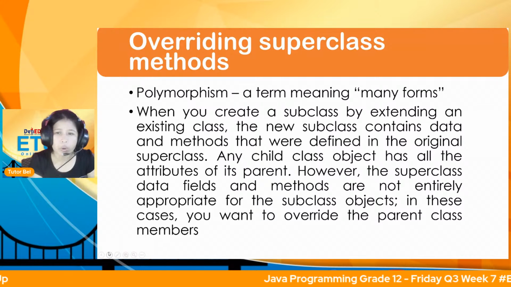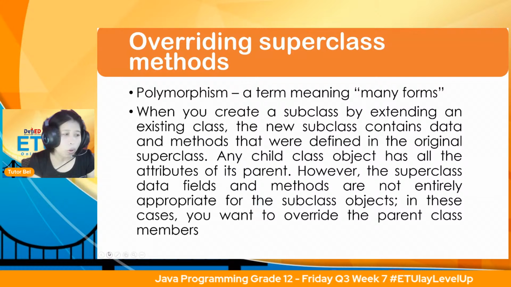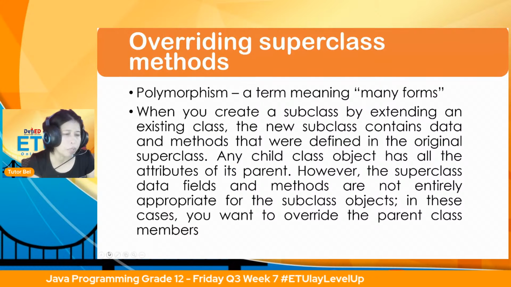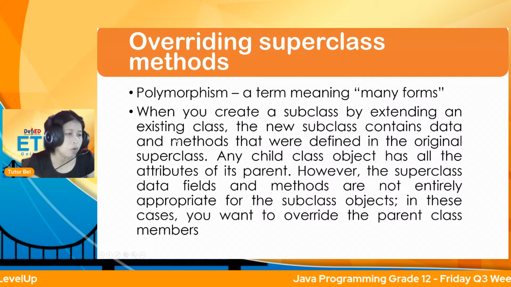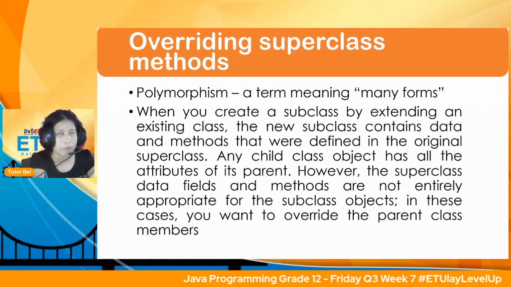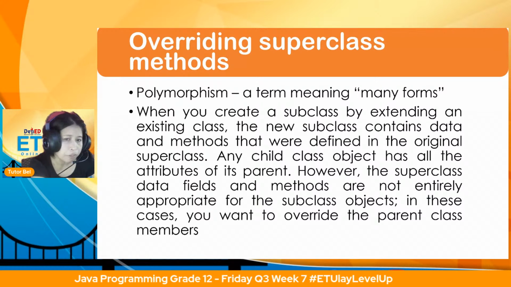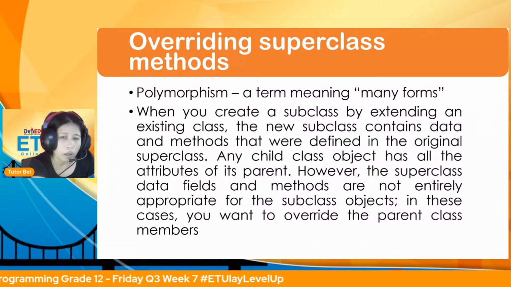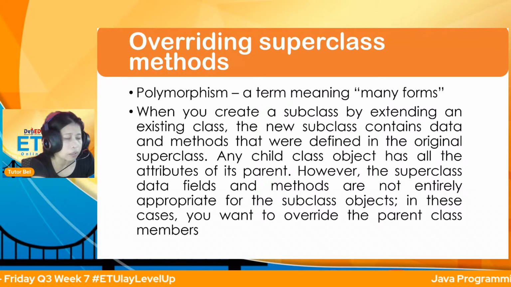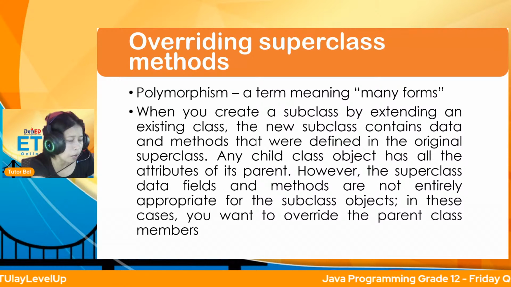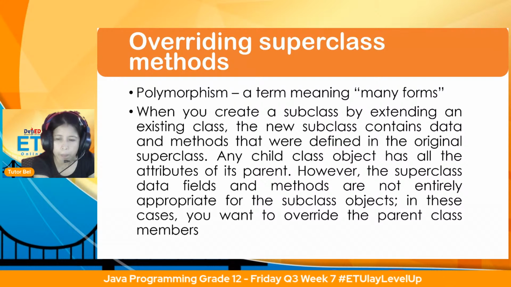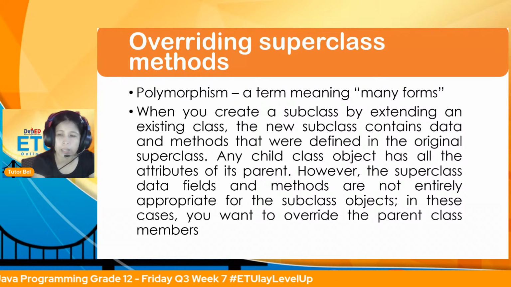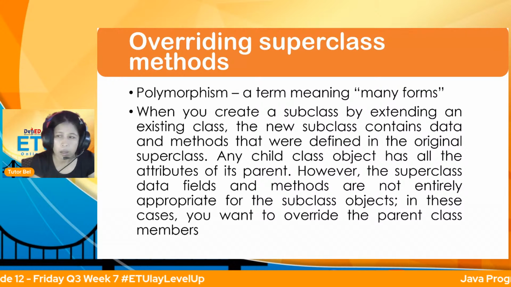We have this so-called polymorphism, a term meaning many forms. With polymorphism, you can choose not to use a method that is, for example, meant only for an animal, or for a vehicle. You can override some of its other methods. Later we will see how we do overriding.